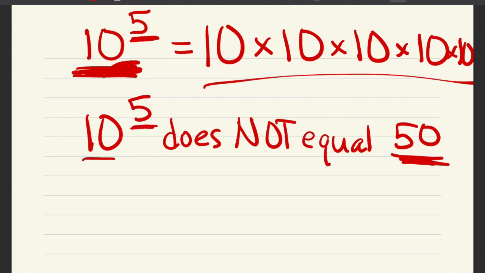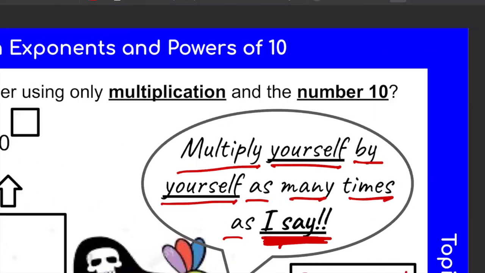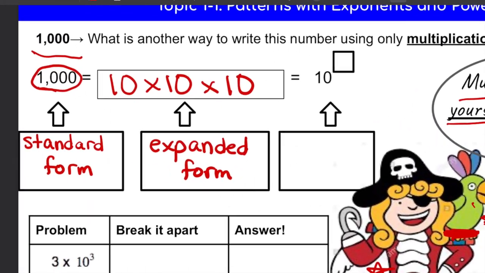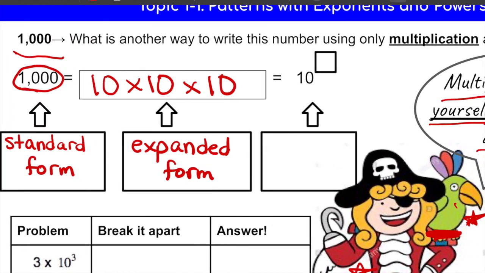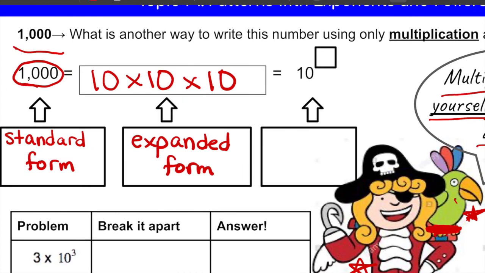Remember, this exponent always tells us exactly what we need to do to the base. In this case, it says multiply yourself by yourself as many times as I say. So let's look back at this worksheet. In this example, we went over standard form, expanded, stretched out, and then we went over how many times.